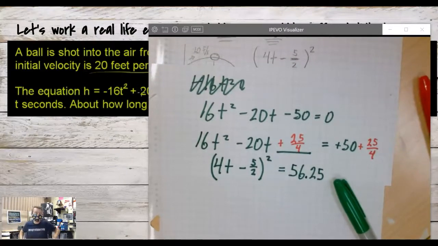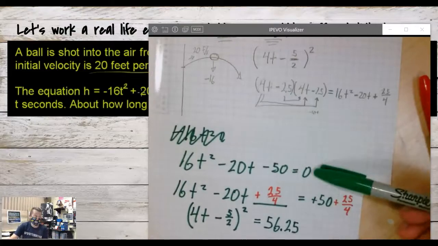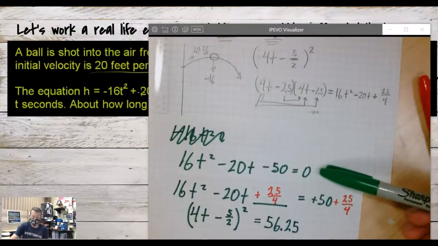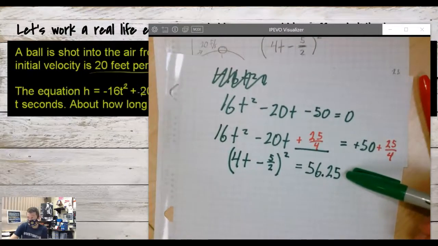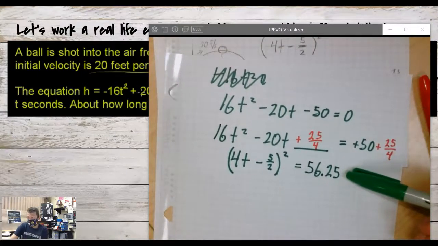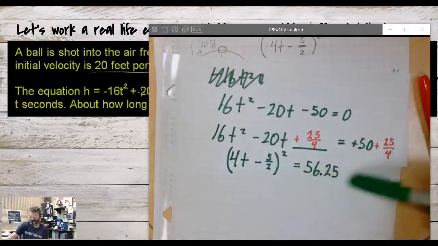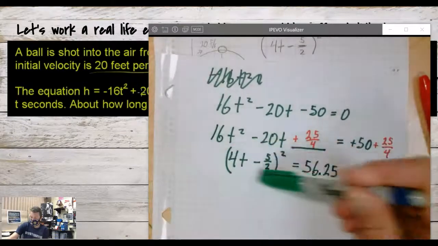If we want the 0, all of this was getting the 0, right? Because we started equal to 0. We messed with it. Now we have 56.25 on this side. To get our zeros, we want to just solve this equation.